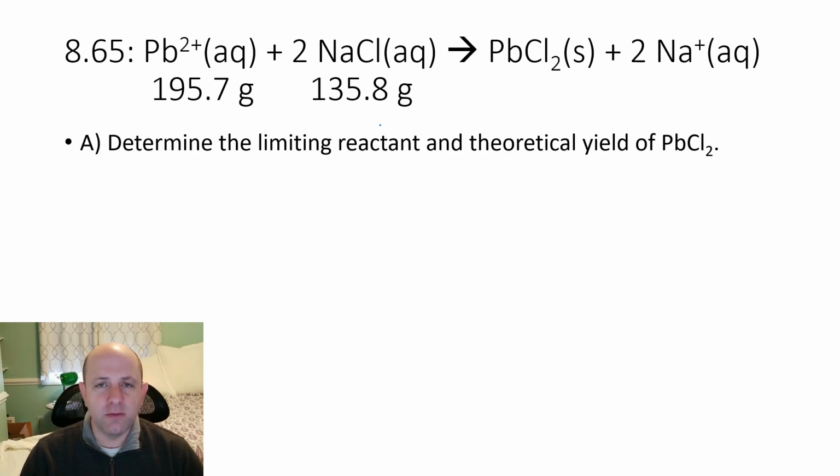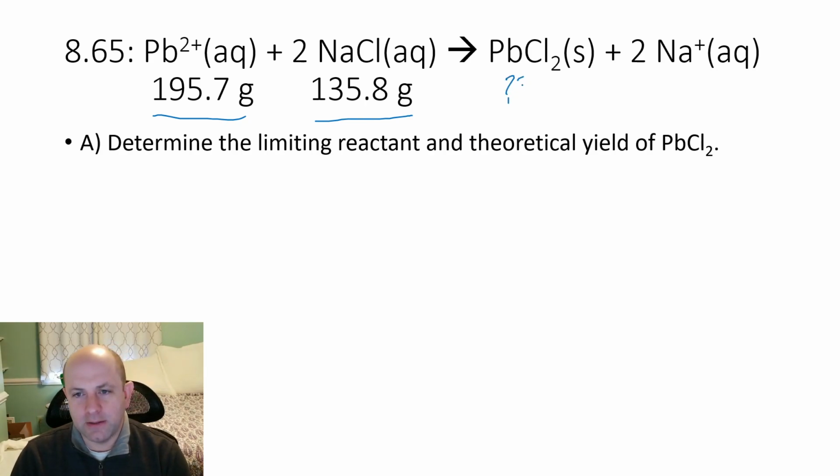In the first part, they want us to find the limiting reactant and the theoretical yield of the lead chloride. So we're going to do two different stoichiometry problems, one for the lead and one for the sodium chloride. We'll use both to find out how much lead chloride we could get, and when we compare those two answers, we'll know which reactant was limiting.